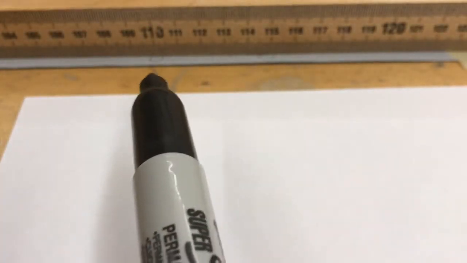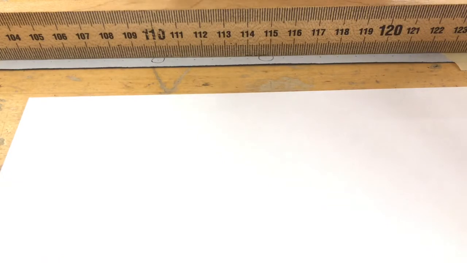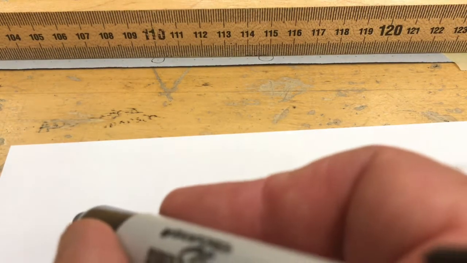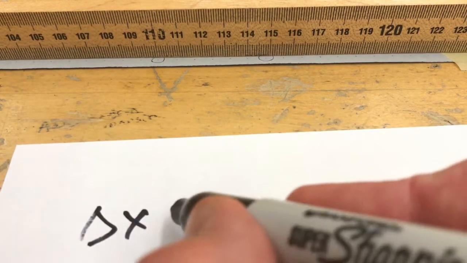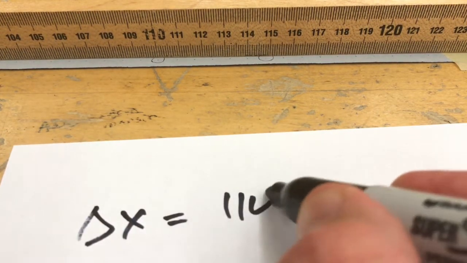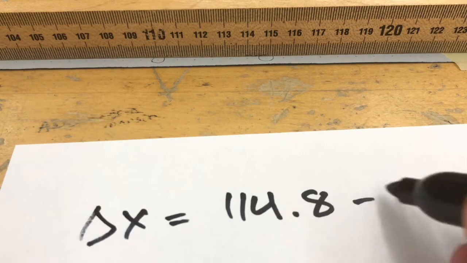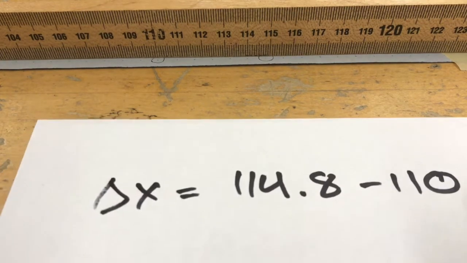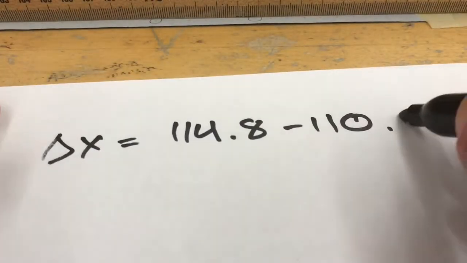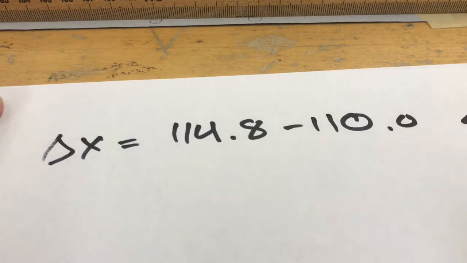So we're down at the other end of the tape now, and I've got another pair of dots I'm going to look at. And one of them is at 110 centimeters, and the other one, it looks like, is at 114.8. So that delta x here is going to be 114.8 minus 110.0 centimeters.